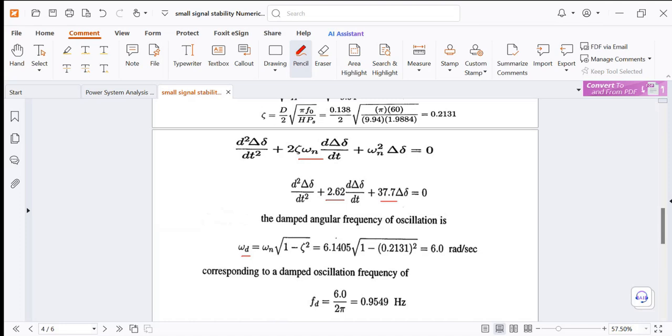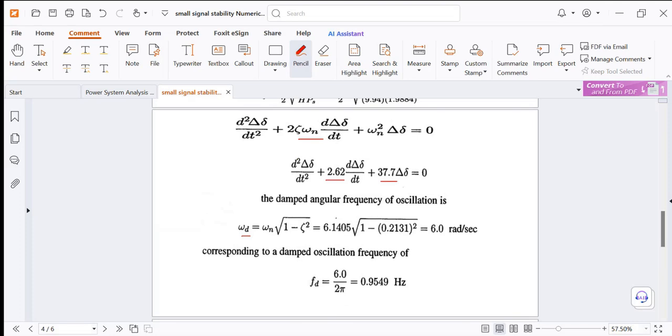So omega d is equal to 6 radians per second. So this is the angular damping frequency corresponding to damping oscillation. If we want to know it in terms of frequency hertz, it will become fd equal to omega d over 2 pi. You know that omega d is equal to 2 pi fd.